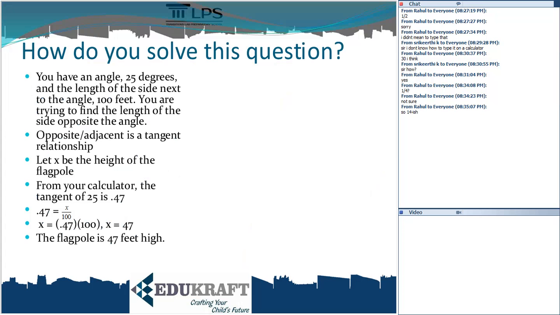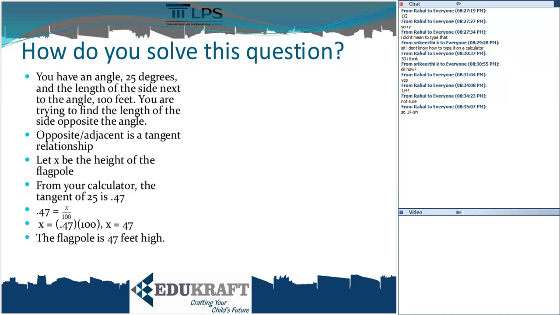So you have an angle which is 25 degrees and the length of the side next to the angle, 100 feet. You are trying to find the length of the opposite side to the angle. So opposite upon adjacent is the tan relationship. So let x be the height of the flag post.